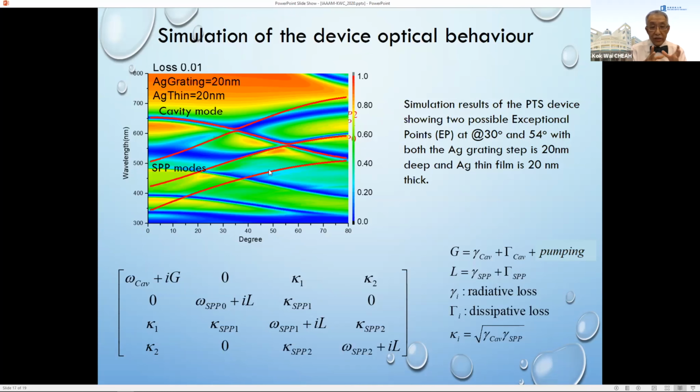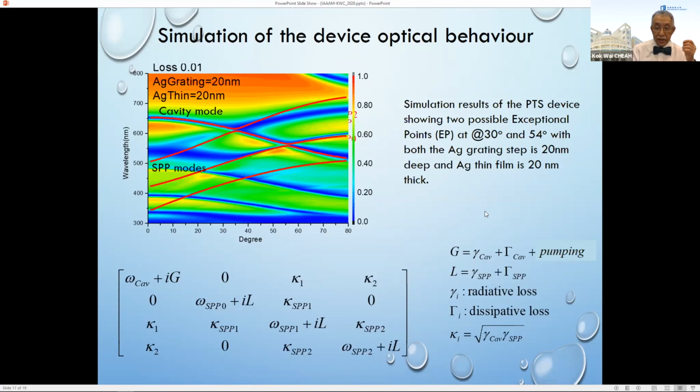So that basically means that this is a theoretical simulation. In this simulation, our Hamiltonian becomes a little more complex. We are looking at not only the zero mode but also higher modes of the SPP, and they are coupling to the cavity modes. And gamma here now becomes the loss plus the pumping, which we can treat as a reduction.